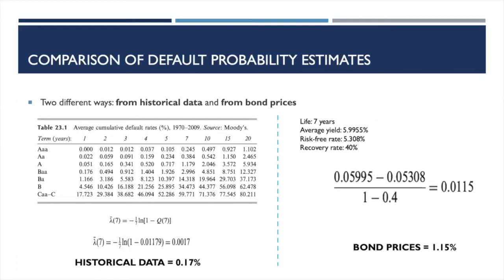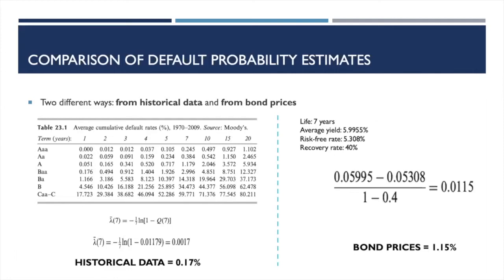The historical default probability will be calculated for an A-rated company with the help of this table, specifically the 7-year column, as the comparison will be made with bonds that last 7 years. As we know from the first equation shown, lambda 7 is the average hazard rate by the 7th year, and Q7 is the cumulative probability of default by the 7th year.